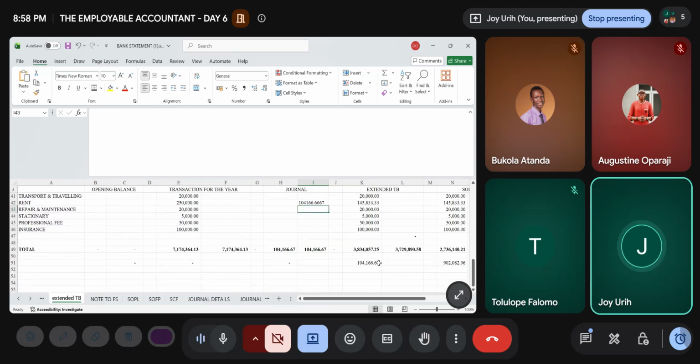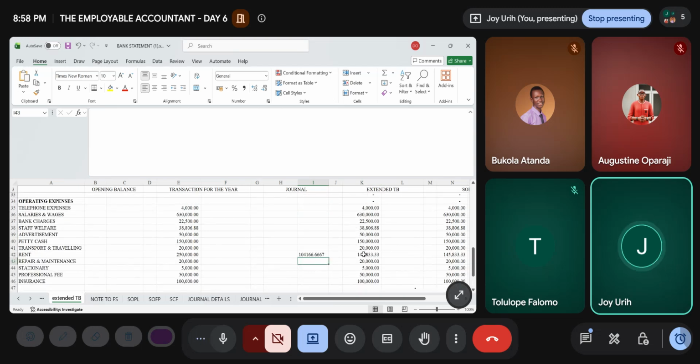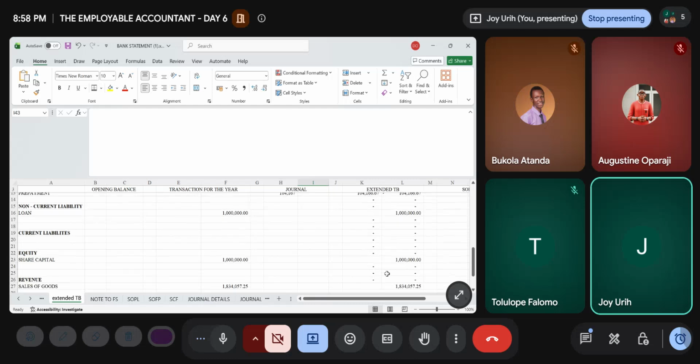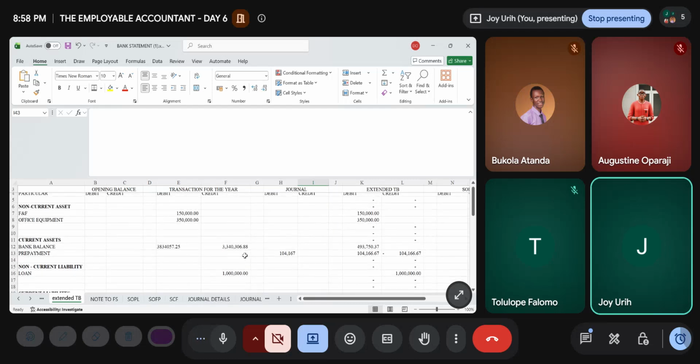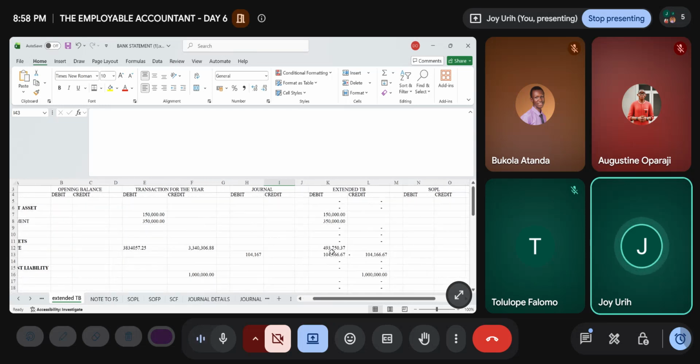Now we have a problem here. Our extended TB is supposed to be the same as well, but it's showing that there is a difference, and that's because the prepayment here is showing on the credit side, which is not supposed to be.